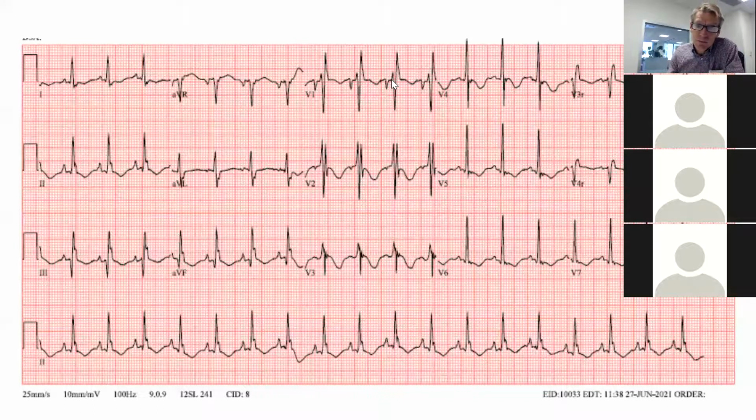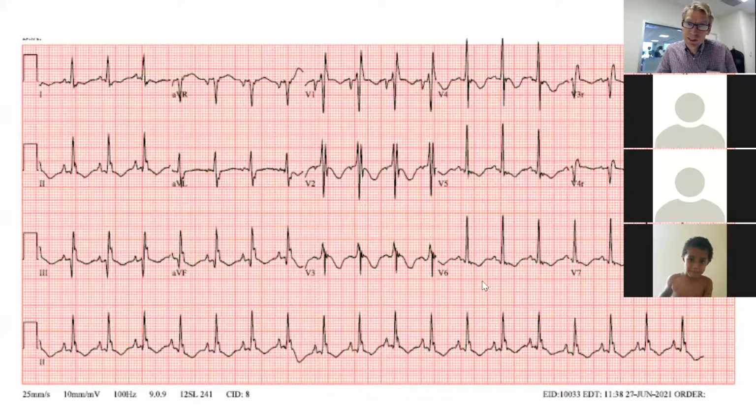What does that tell you? It's long. Yes, it's longer than normal. Normally it should be 0.08 seconds or 2 small squares, but it's longer than that.